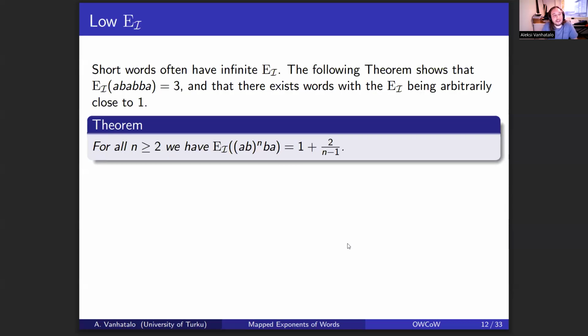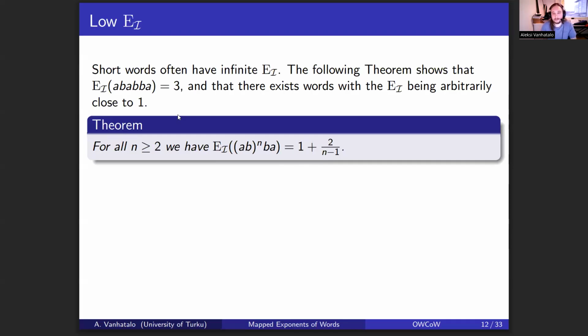Then we didn't have an example of a word where the mapped fractional exponent is finite. So let me introduce one of those examples with this theorem. All words of length less than 6 have infinite mapped fractional exponent. This is something that you can just check.